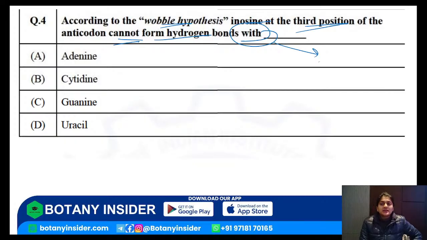Adenine, cytidine, guanine or uracil? Very simple. Direct statement question from the wobble hypothesis. Mark it.